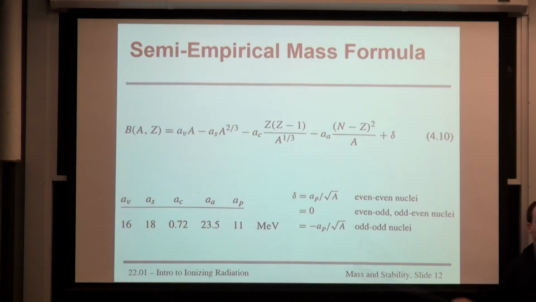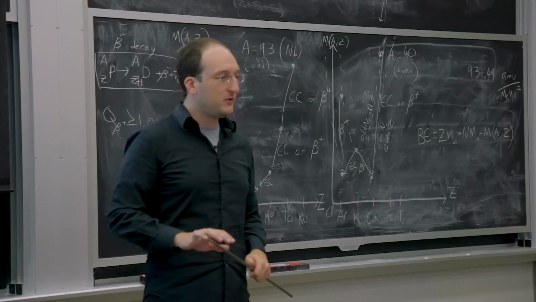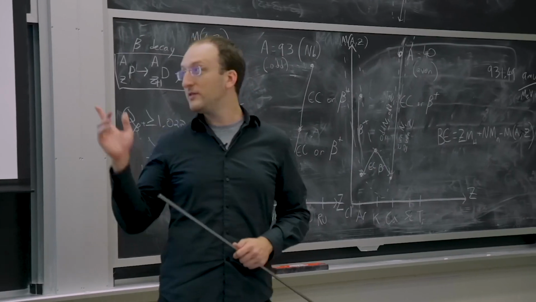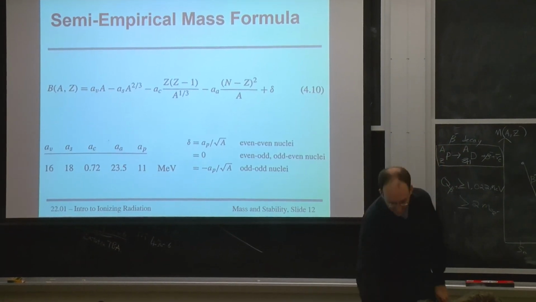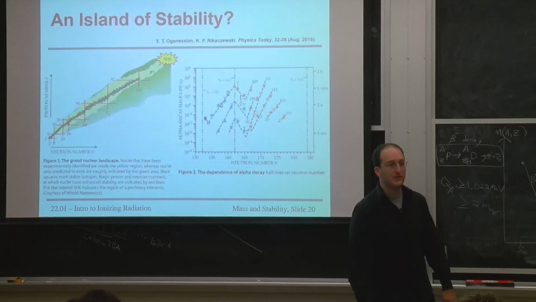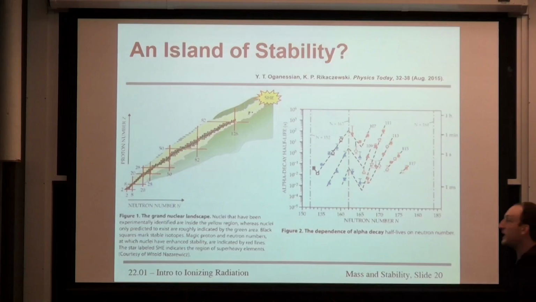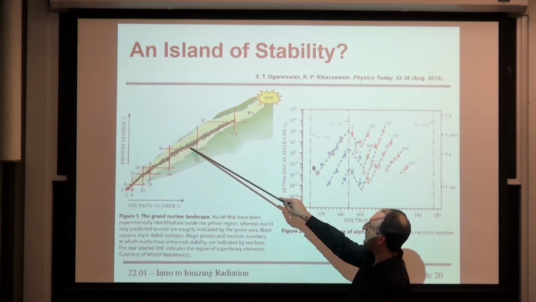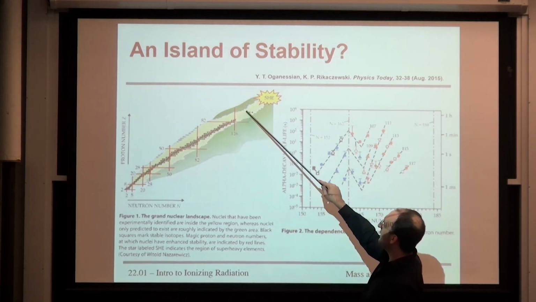this formula predicts that as you get heavier and heavier and heavier, nuclei should just continuously get less stable. And that was as of when this was derived, let's say decades ago. We now know something different is happening. So if you look at the table of nuclides, you can sort of see some swells in the number of black pixels until it cuts off.